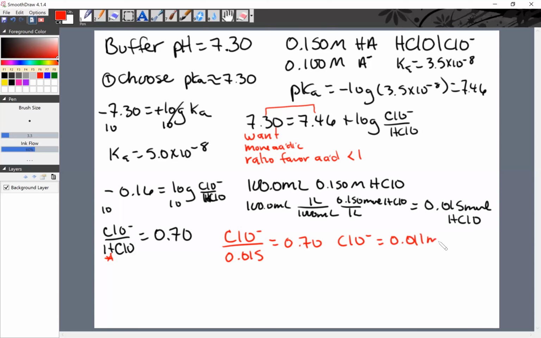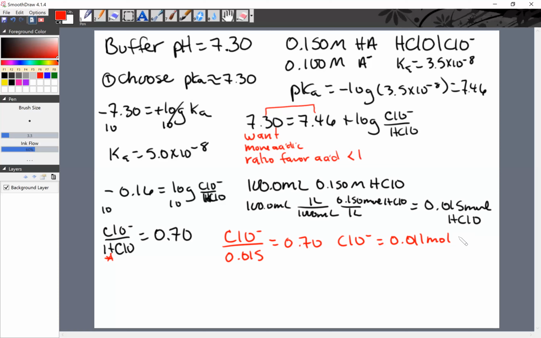So I need 0.011 moles of my base piece to go along with my 0.015 moles of my acid piece. And when I put them together, I'm going to have a buffer with a pH of 7.3.